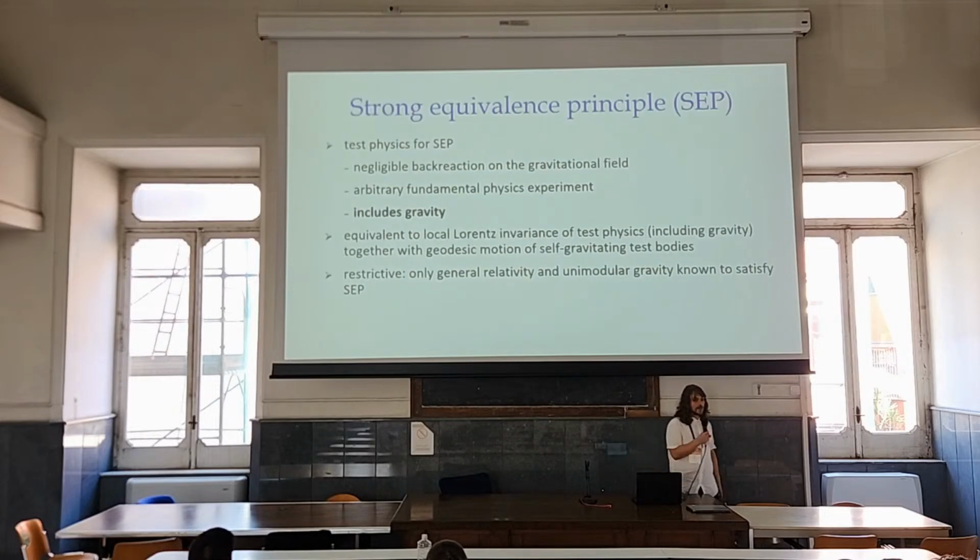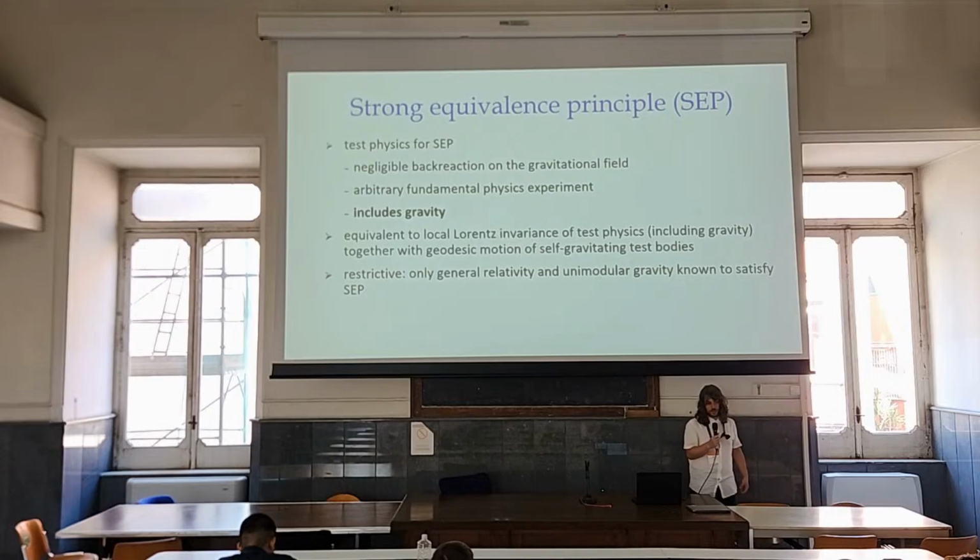The equivalence principle I'm going to talk about is the most stringent one, the so-called strong equivalence principle. For this principle, the test physics is any fundamental physical experiment with negligible back reaction on the space-time. That means any normal experiments that you would consider, the experiments done at the LHC, any experiments with electromagnetic radiation, as long as they are local and do not create their own strong gravitational field.